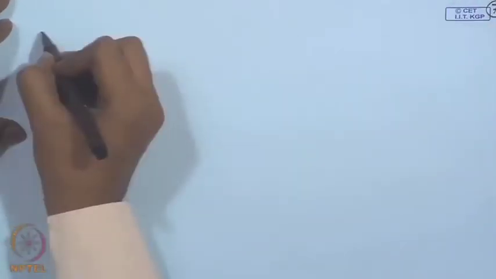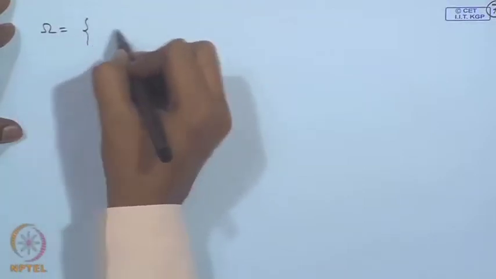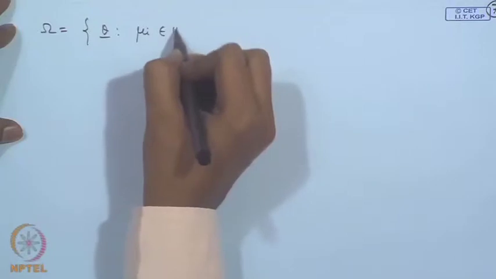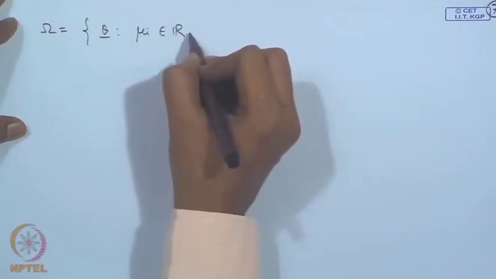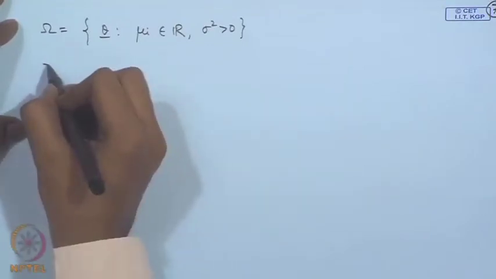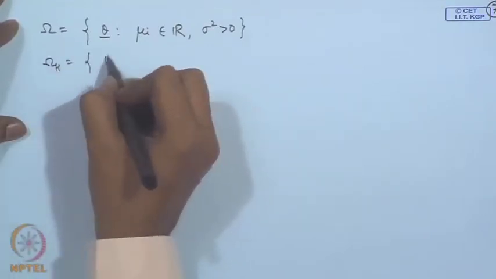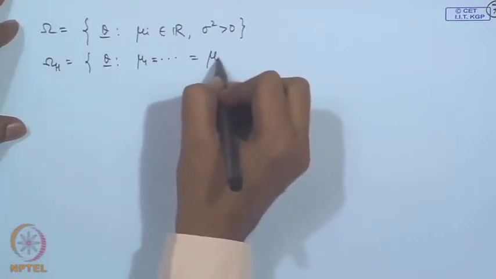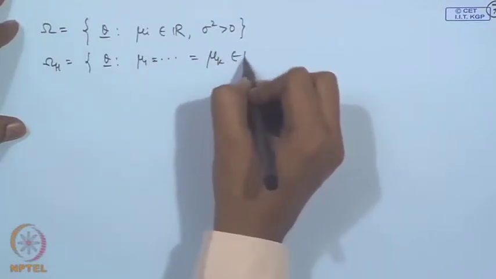The parameter space, the full parameter space, if we look at, then the mu i's belong to R k, that is k dimensional Euclidean space, into positive half of the real line, and under omega h you are dealing with 2 dimensional.